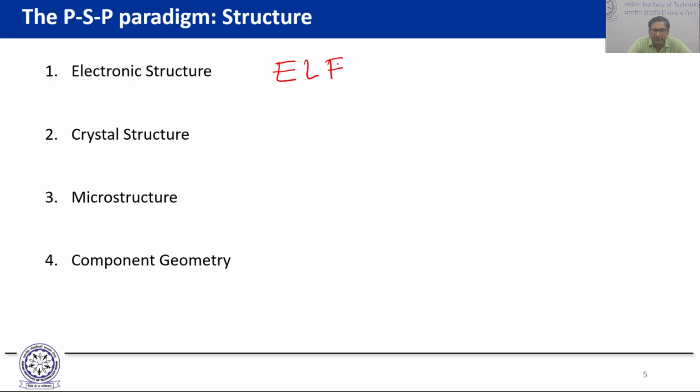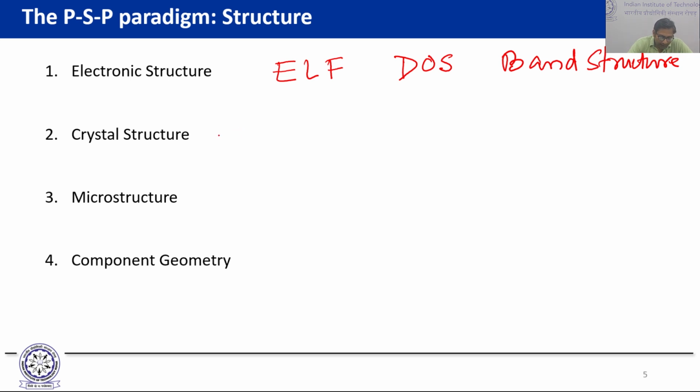These are things that again can be calculated using density functional theory. You could be having the density of states, that could be one type of structural description, or you could be having what we call the spaghetti plots, which are essentially the representation of the band structure of the material.